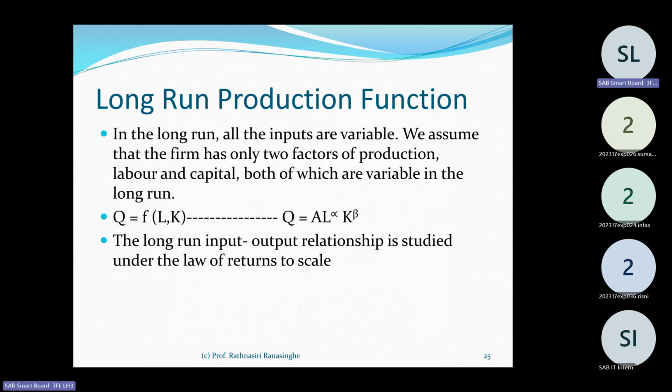Okay, so now the long run production. Right now, we know that all the factors are variable, so we can explain that based on the Cobb-Douglas production function, where all the factors are variable. Alpha and beta give us the coefficients with respect to change in the labor and the capital inputs.